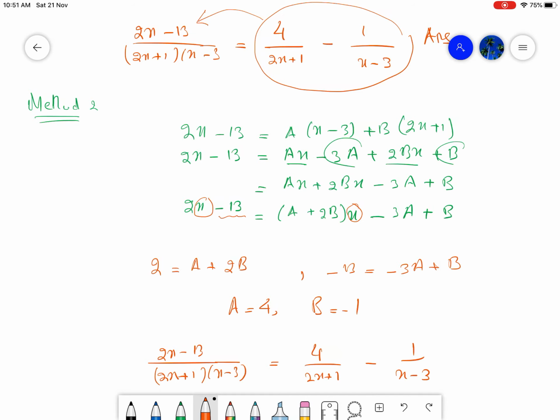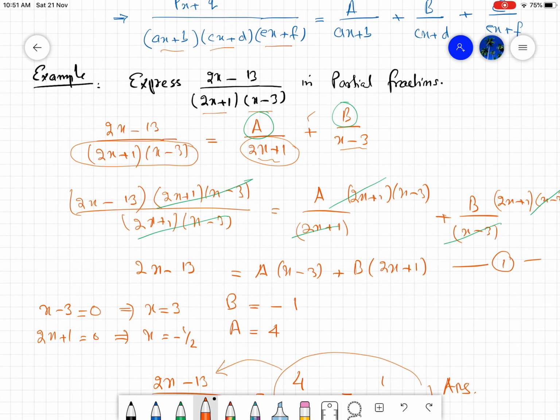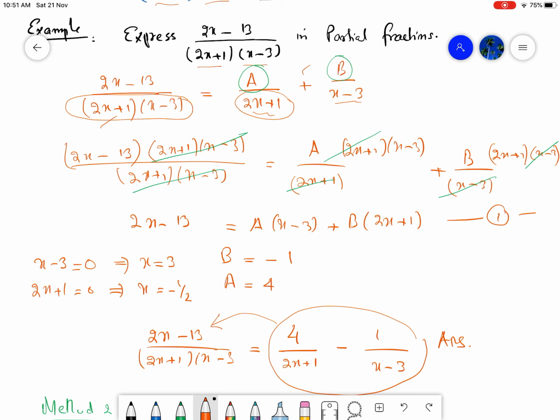This is how you can perform the partial fractions of the first type of expression, in which the denominator is a product of linear functions and both of the factors are distinct from each other.